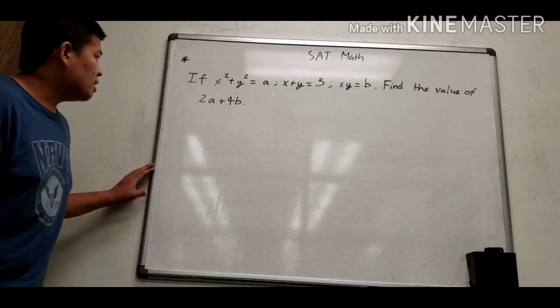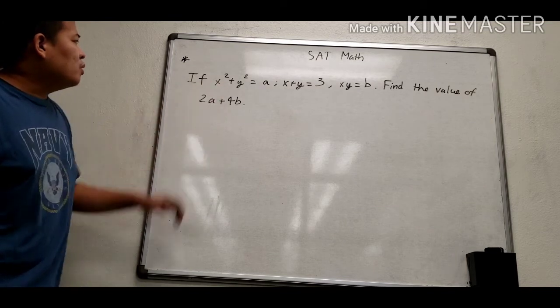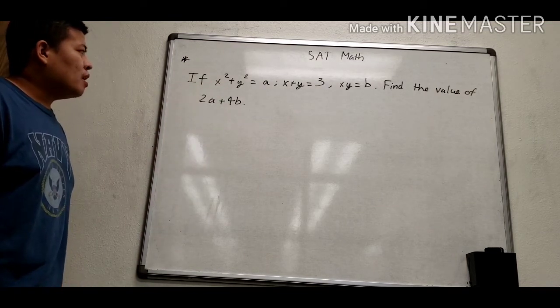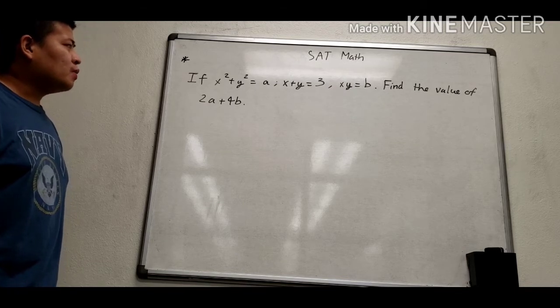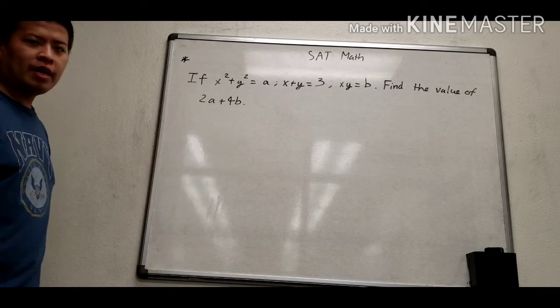So in the next real SAT math question, if x power 2 plus y power 2 equal to a, x plus y equal to 3, xy is equal to b, find the value of 2a plus 4b.